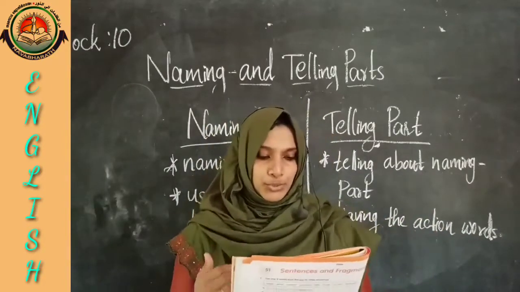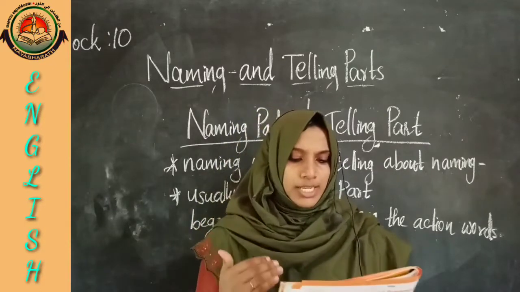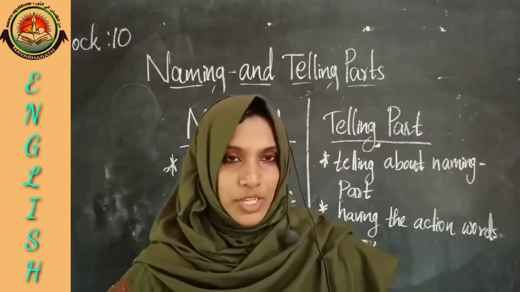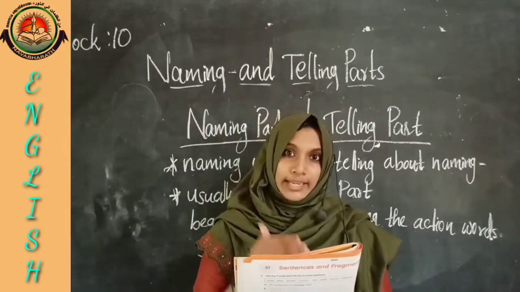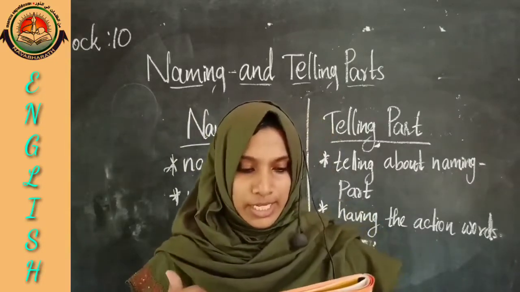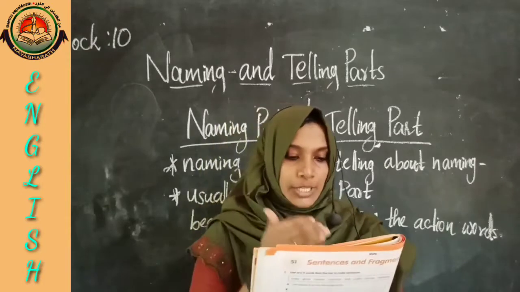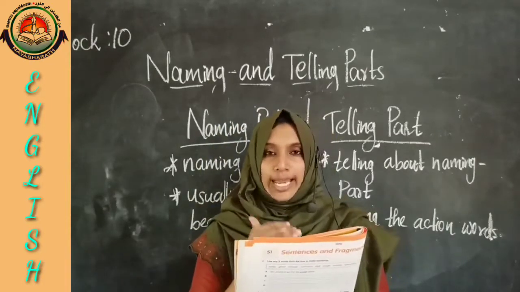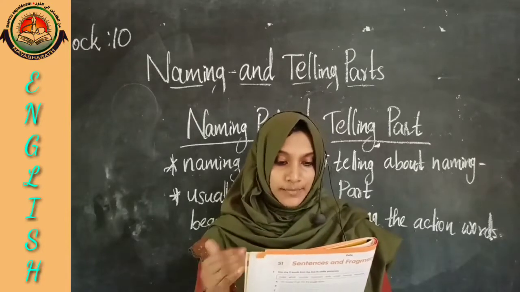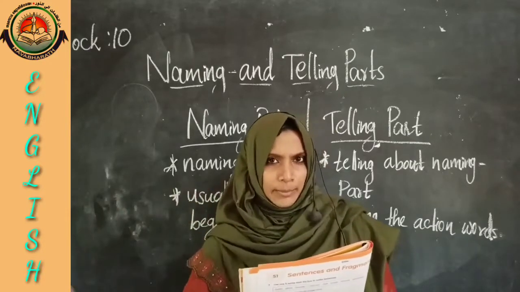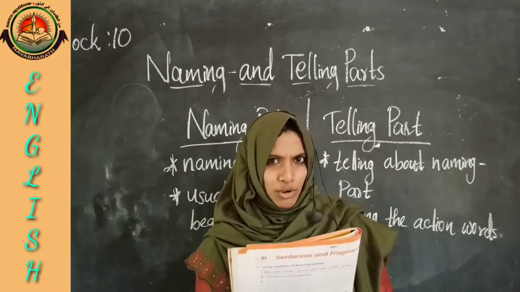Then question number 2, match the naming parts to the telling parts. So here you will match the naming parts with their correct telling parts. So the boys, you, Ritu and I. Which one is matching with the boys? The boys am eating my dinner. Is there anything wrong?